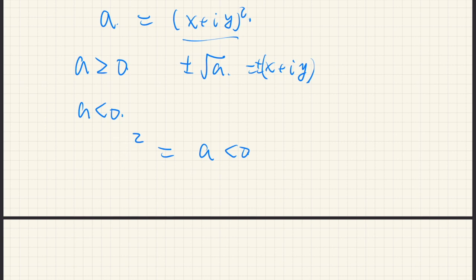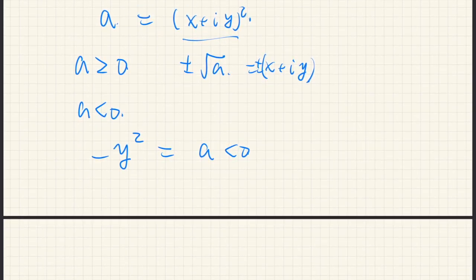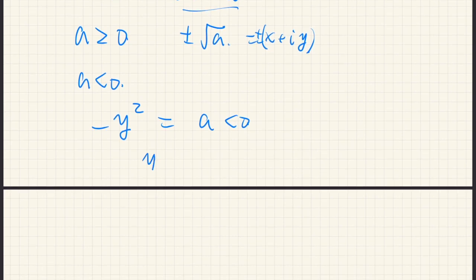However, if x is 0 and y is not 0, then negative y squared can be negative. In that case, y is equal to plus minus the square root of negative a. Of course, negative a is positive, so this square root is well defined.